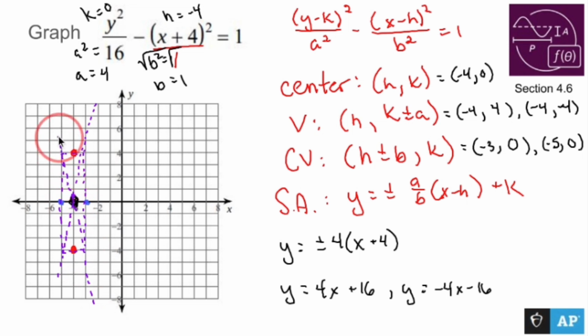Right there, those are my dotted lines. And my hyperbolas go through the vertices right here, going up and going down. So I'll draw that out. So there you have it, a hyperbola where the center is not 0, 0. Gross, but fun.